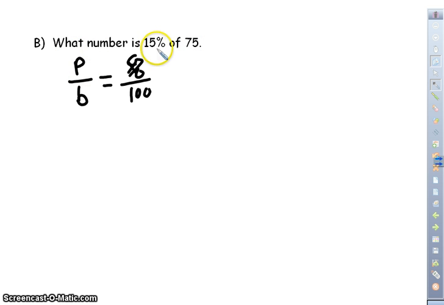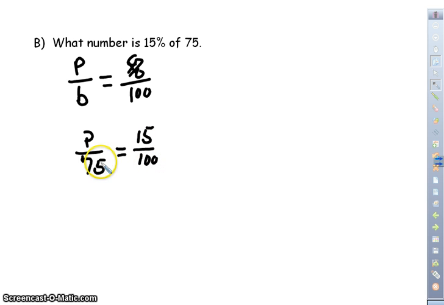What number is 15%? We need to know what 15% of that number is. That's the part. So we are trying to find P over the base, which is 75, equals 15 over 100. And again, you were writing it as 15, not 0.15, because it's over 100.